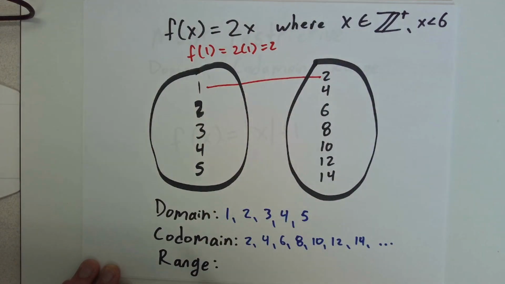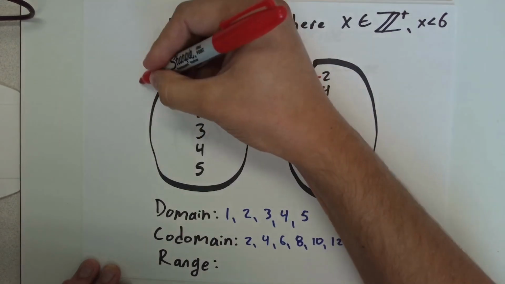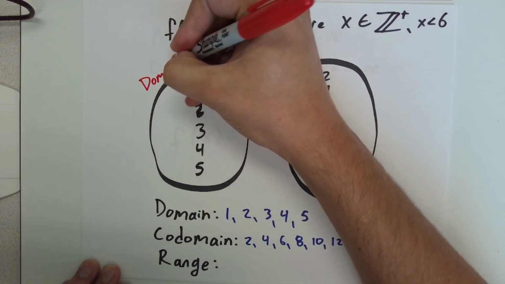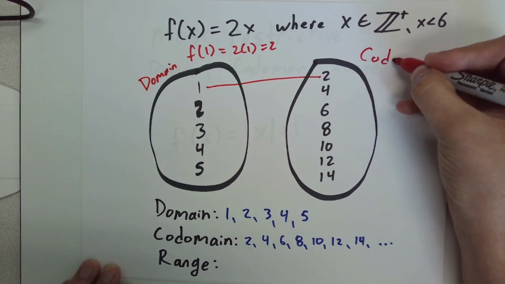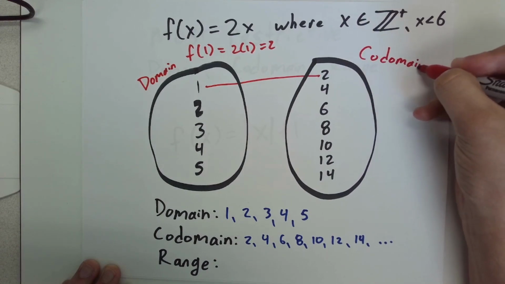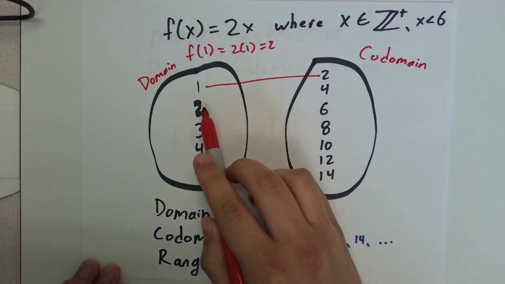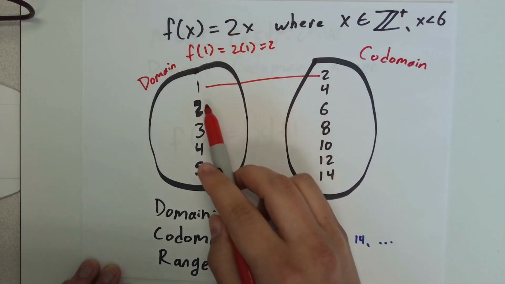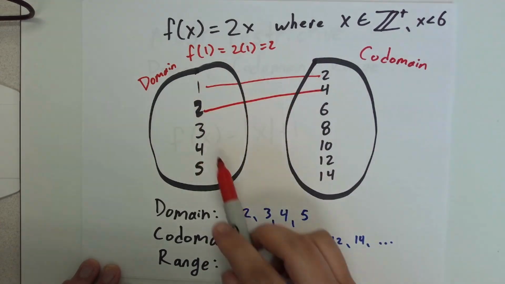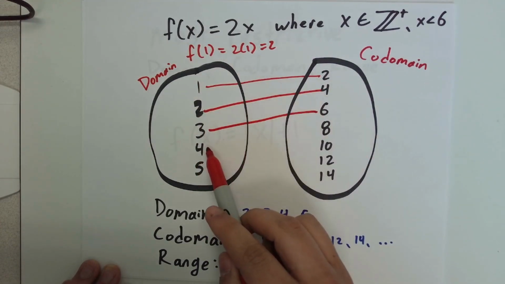That 1 in the domain goes to this 2 in the codomain. Do the same thing with this 2. If I plugged in a 2 into this function, I'd end up with 2 times 2 and get 4. I can do that with all of these.